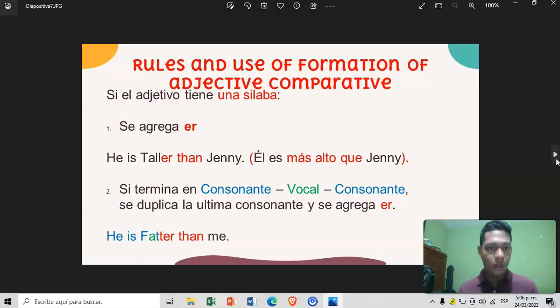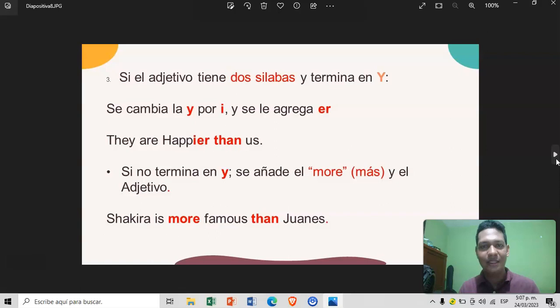We are going to duplicate the consonant. For example, fat, fatter. Más gordo than, that is the comparative in Spanish, es más gordo que yo. So that is the example for the second rule.